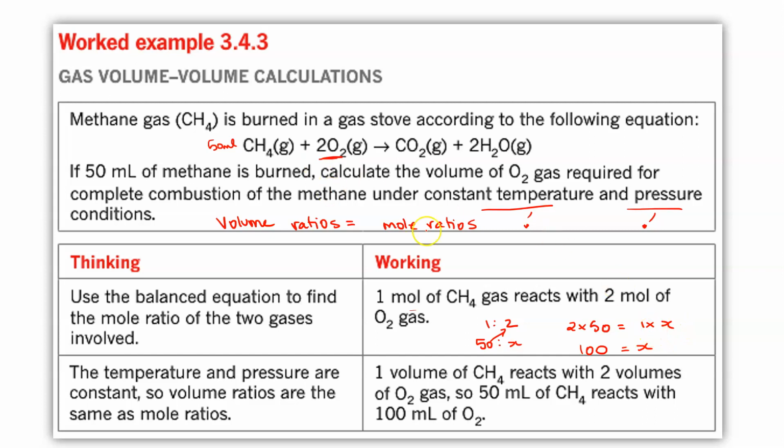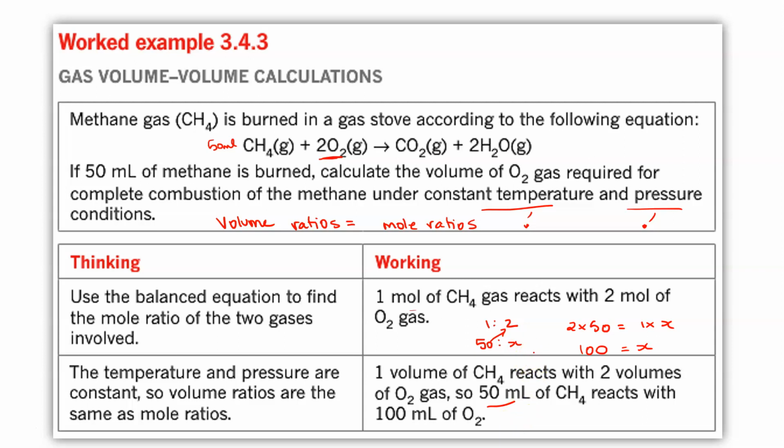This is because 1 volume of CH4 reacts with 2 volumes of O2. And from the question, 1 volume was equal to 50 milliliters. So that means 2 volumes is going to be 2 times 50 milliliters.